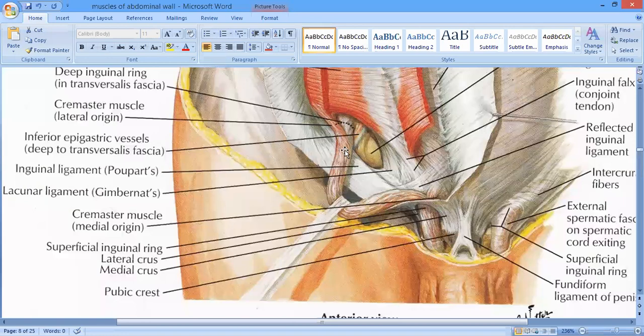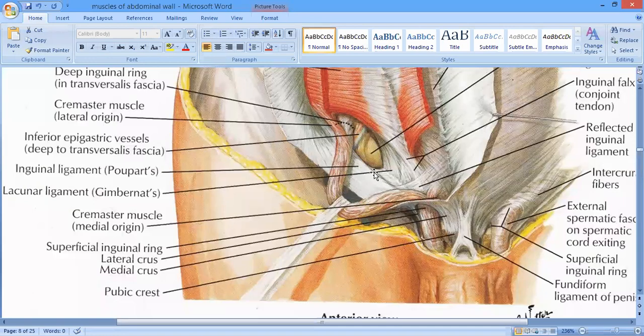I told you the floor is formed by the grooved upper surface of the medial part of the inguinal ligament. ठीक है जी, and also it's contributed by the medial end of the lacunar ligament. ठीक है जी, so the floor is contributed by the grooved upper surface of the medial part of the inguinal ligament and the lacunar ligament.